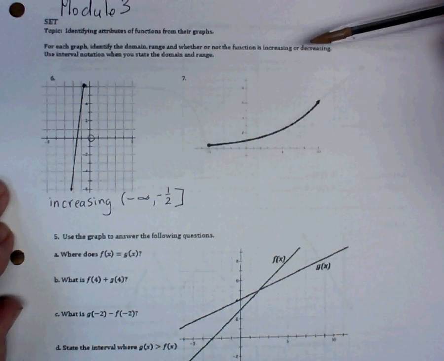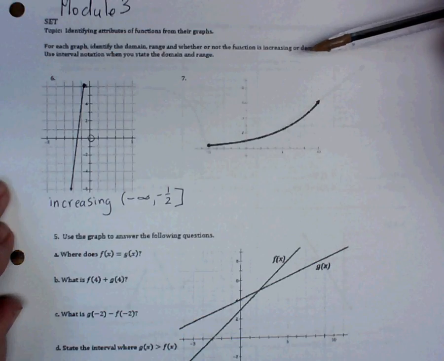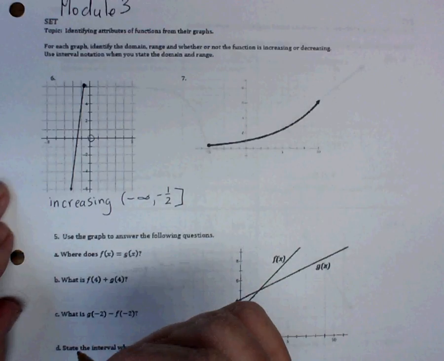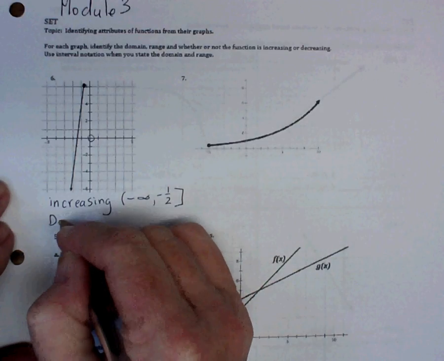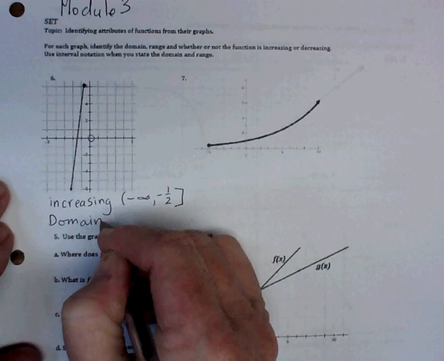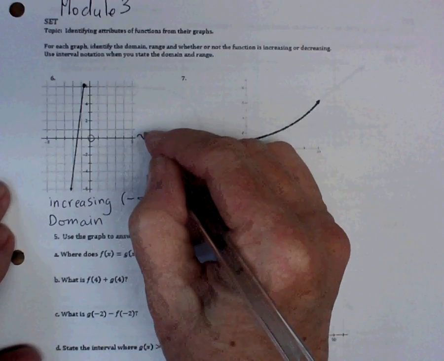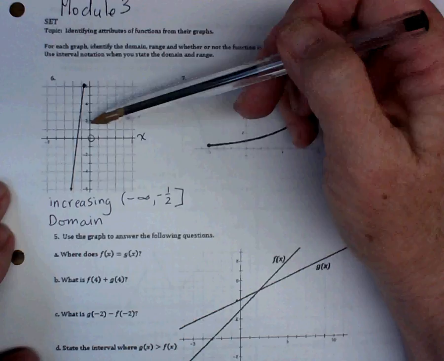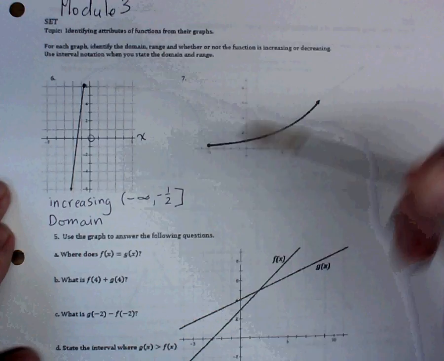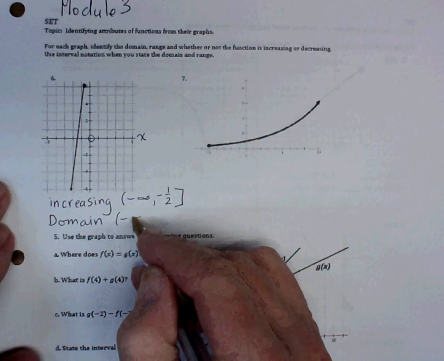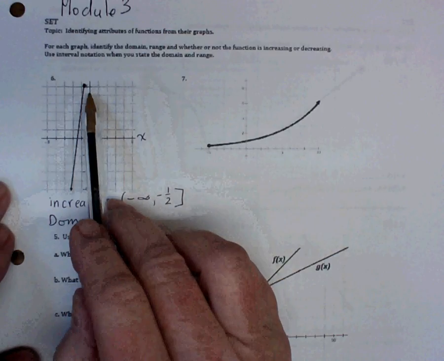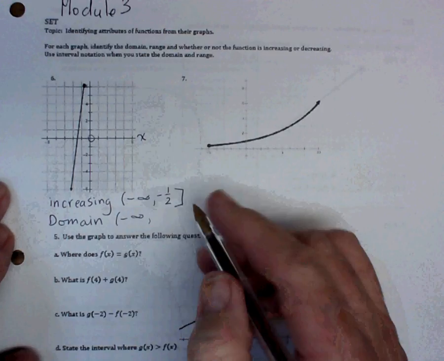Oh, they didn't ask me for the interval of increase, it's just increasing. The domain is my independent variable, my x. So what I just did for increasing is the same thing as the domain. In the negative direction, it's negative infinity, and it stops where x is about negative 1/2.